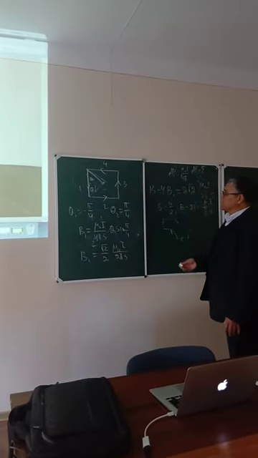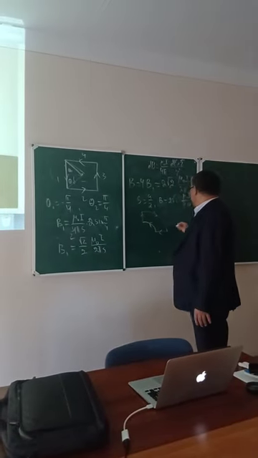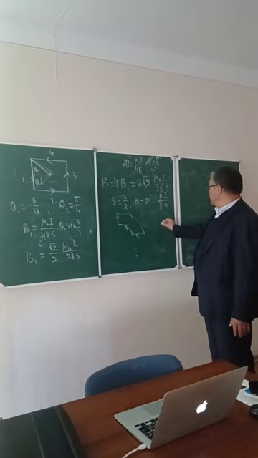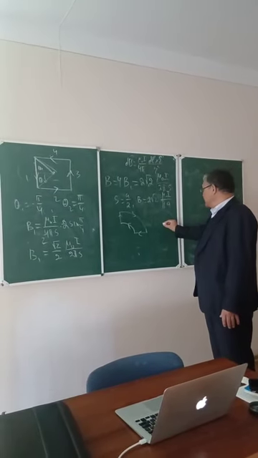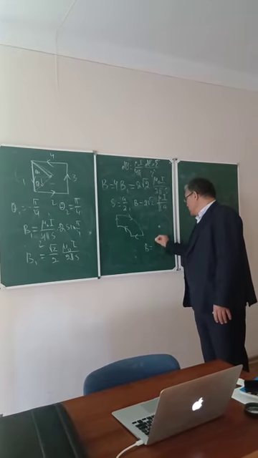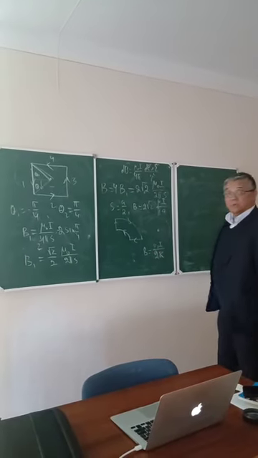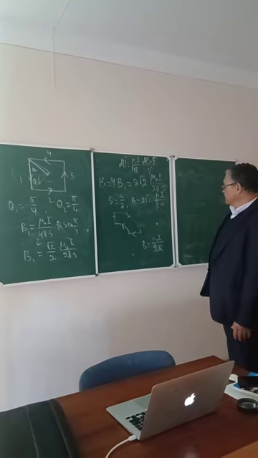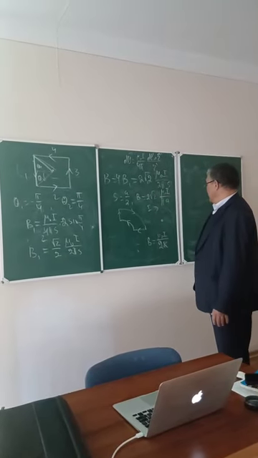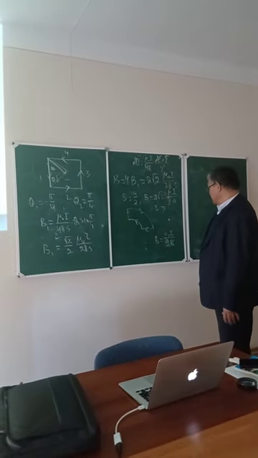From electrodynamics, we know that if we have current in the form of a circle, the magnetic field inside of it is equal to mu naught I divided by 2r. So this is the expression for the magnetic field due to the current in the circle contour here.